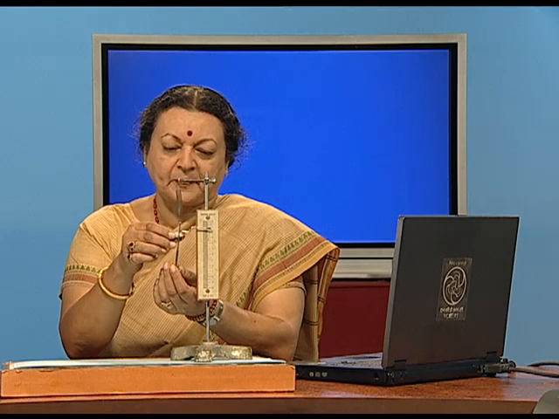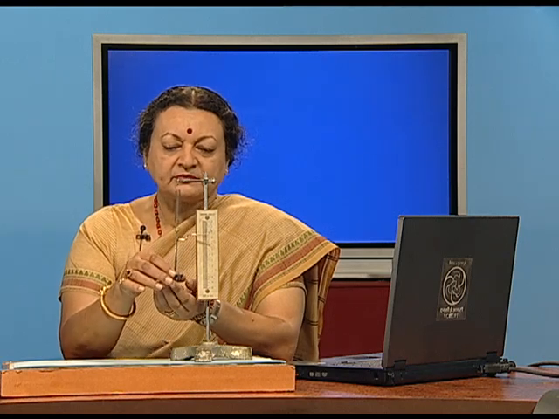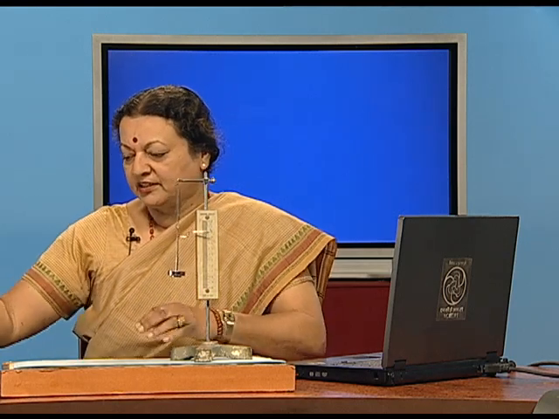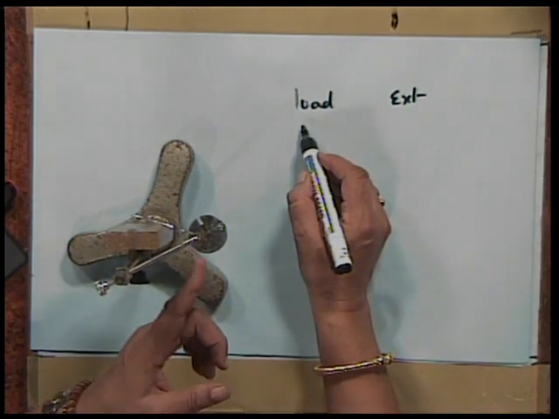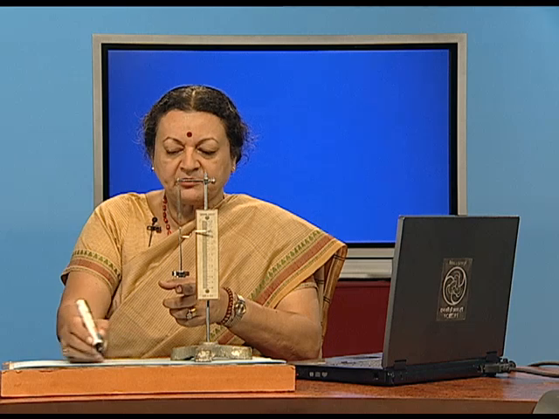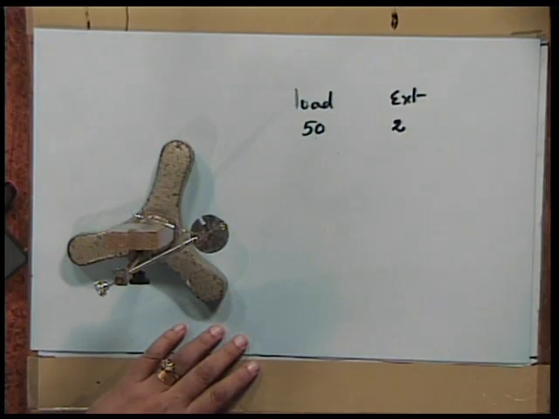As I load, you will note the reading. I will note it for you. So, load and the extension. The load I have here is 50 grams and the reading, if you can read well, is 2.